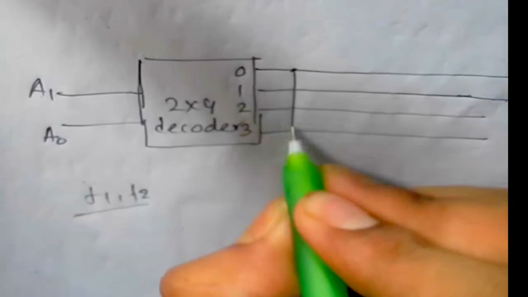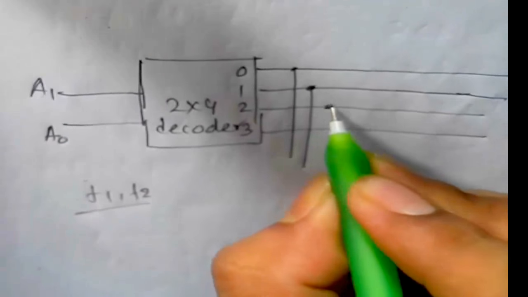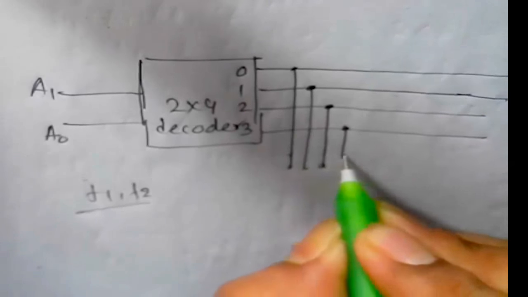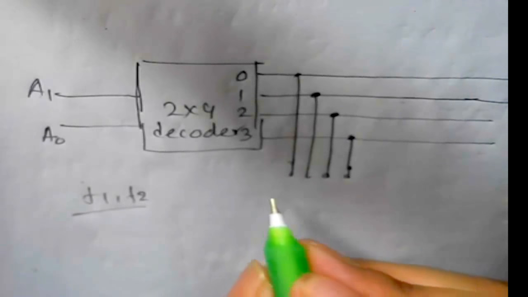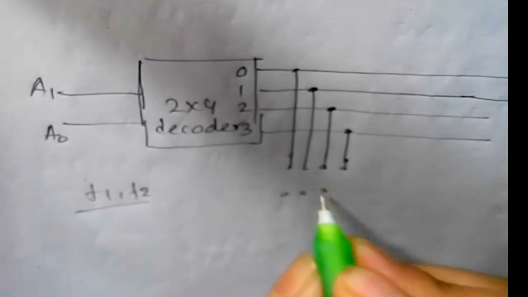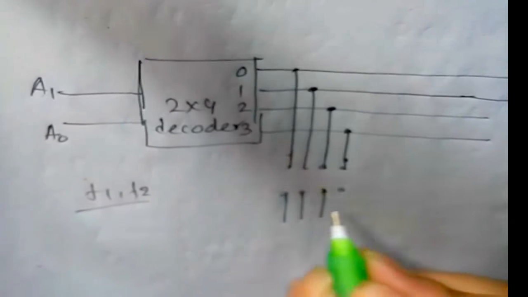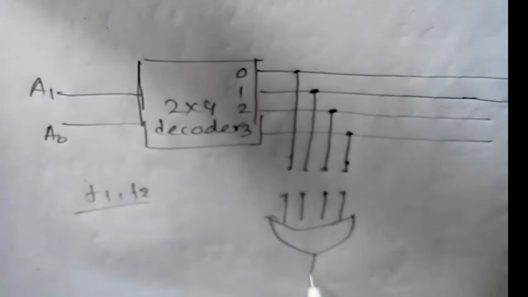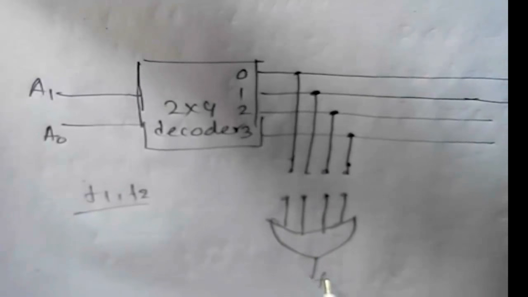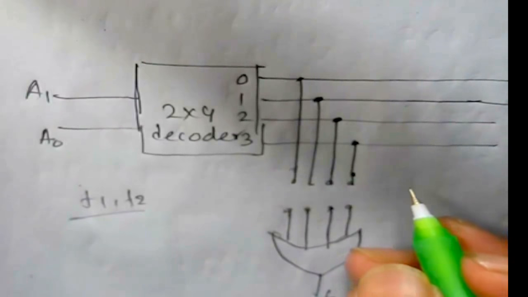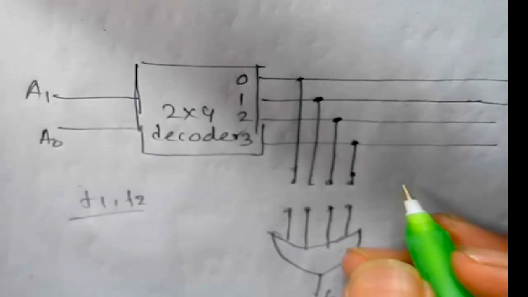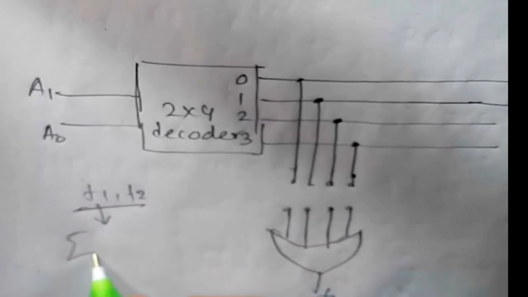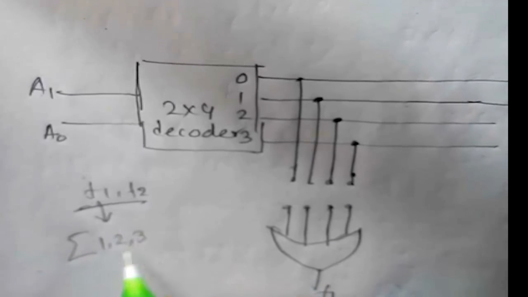So we now construct F1 and connect with an OR gate, and we will see F1 is the summation of 1, 2, 3.